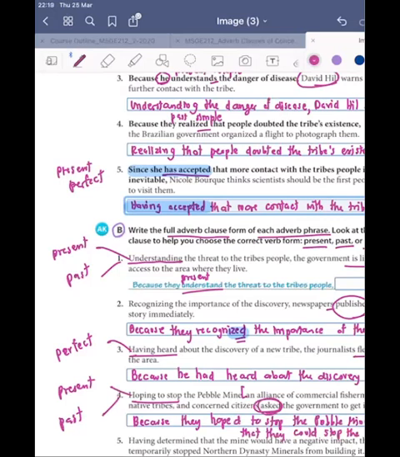And last one, number 5. Having determined that the mine would have a negative impact, the EPA temporarily stopped Northern Dynasty Minerals from building it. Having determined. EPA is an organization, so you can use a pronoun, it. Maybe many people in there, but only one organization.